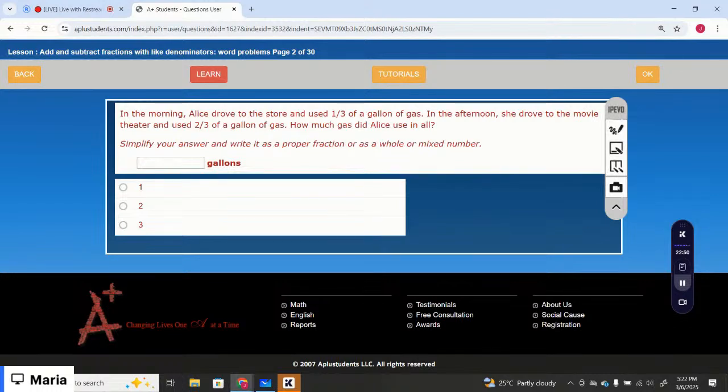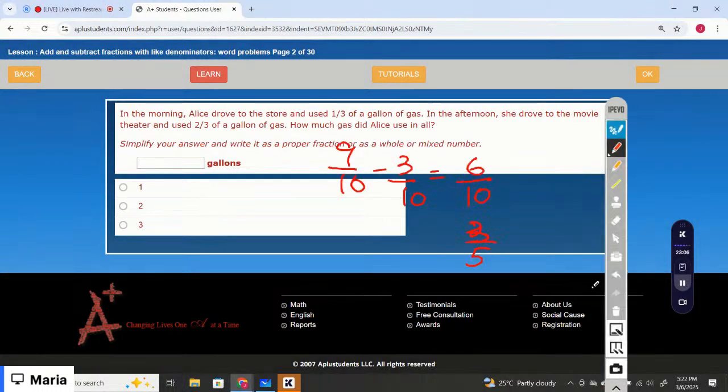In the morning, Alice drove to the store and used one third of a gallon of gas. In the afternoon, she drove to the movie theater and used two-thirds of a gallon of gas. How much gas did Alice use in all? You have to calculate the total gas used. So you have to do 1 by 3 plus 2 by 3.